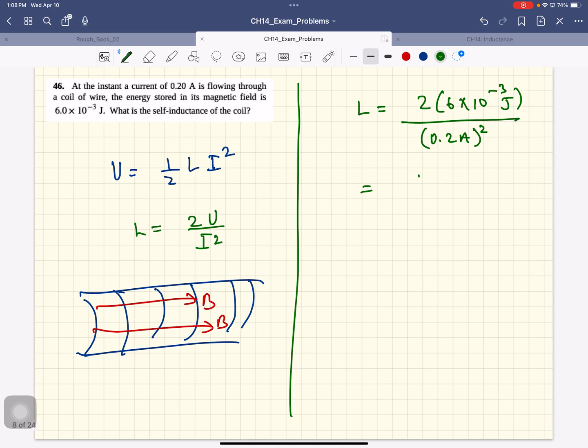So this is 12 divided by 4, which is 3/10.